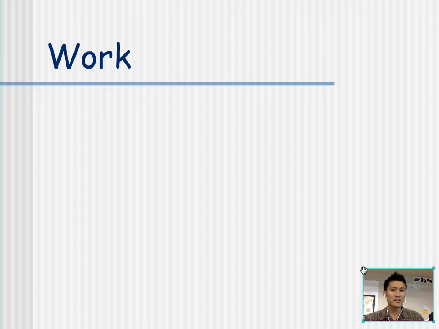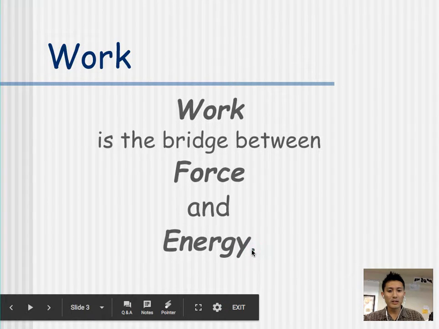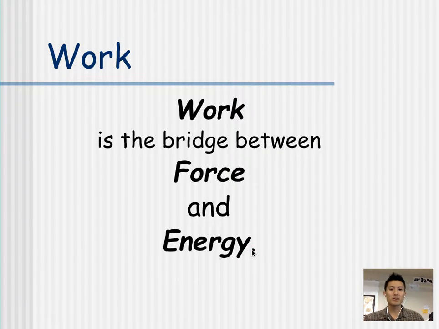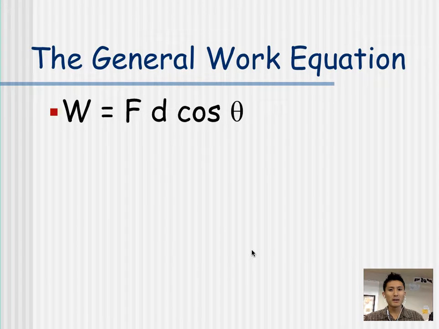And so first of all, definitions. What is work? Well, if we were to define it, work is what we call the bridge between force and energy. We can also say that work is a transfer of energy between perhaps a force or between objects. And so here's the equation for work.